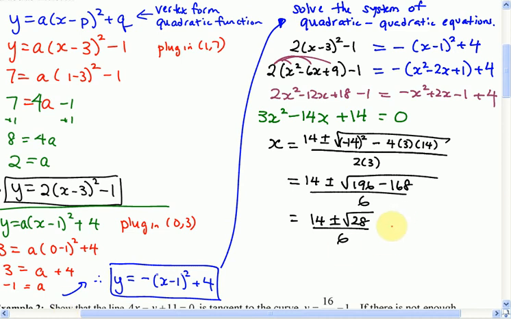Can't you reduce square root 28? You could, but I would not reduce like this, Vincent. You have to rewrite the square root of 28 as a mixed radical first. If you want to do it as an exact answer, what's 28 equal to? That's the same thing as 4 times 7, so that's 2 root 7.